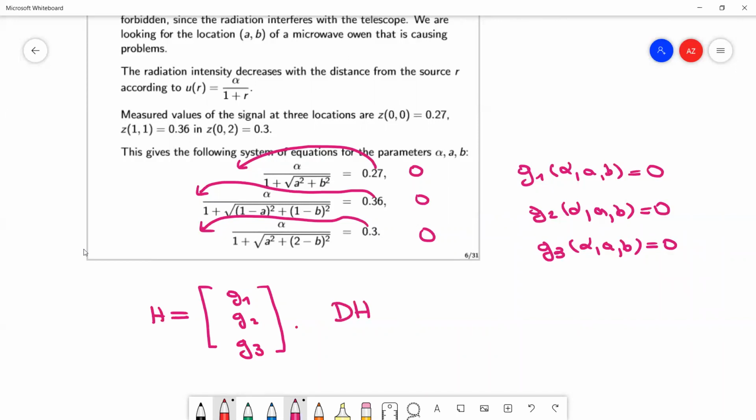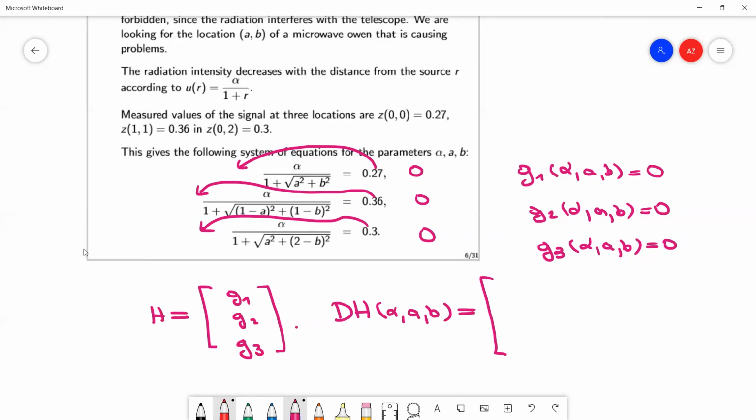So D of H in every point, alpha, A, B. So the first row is the derivative of G1 in alpha. What is this? So let's take the derivative. Here we have this 0.27, which is not important when taking the derivative.